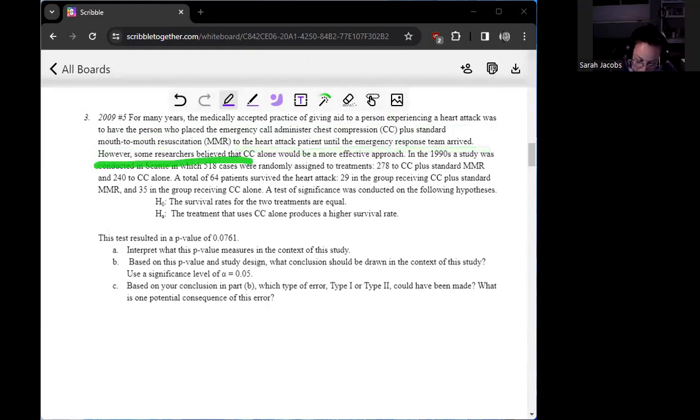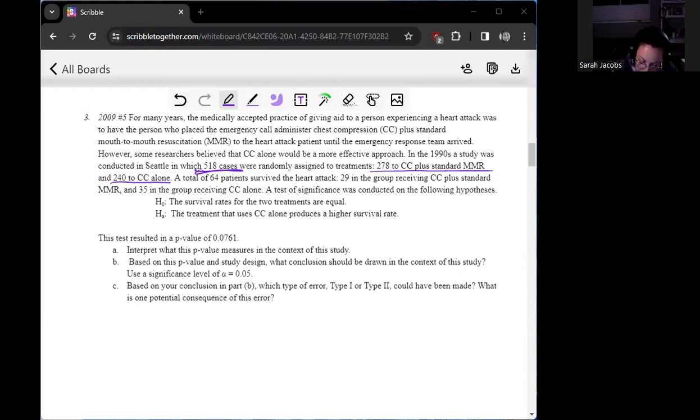However, some research believed that chest compressions alone would be a more effective approach. In the 1990s, a study was conducted in Seattle in which 518 cases were randomly assigned to treatments: 278 to chest compressions plus standard mouth-to-mouth resuscitation, and 240 to chest compressions alone.